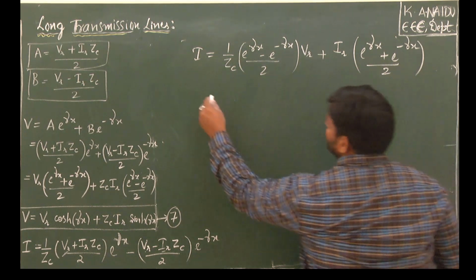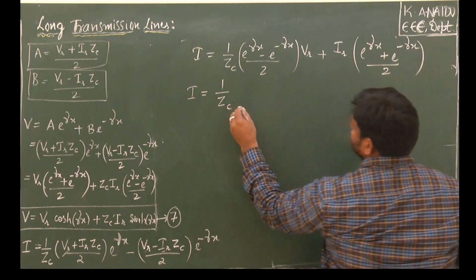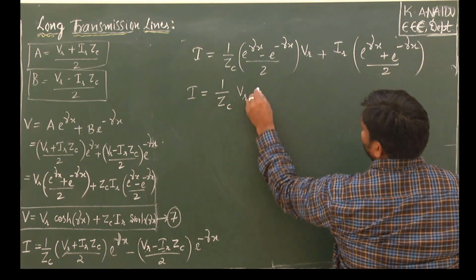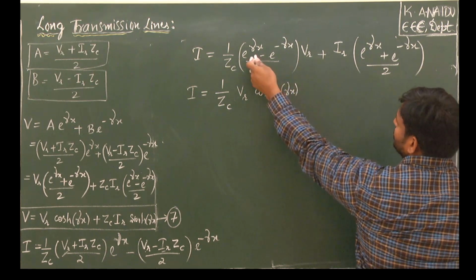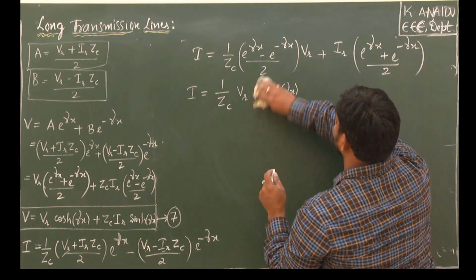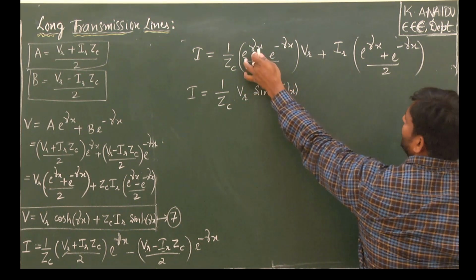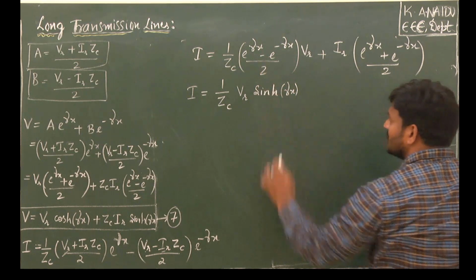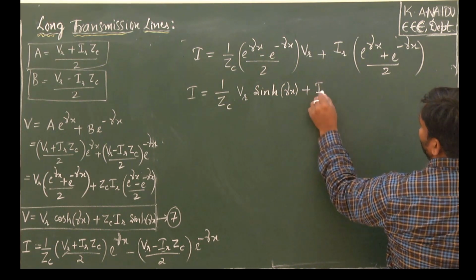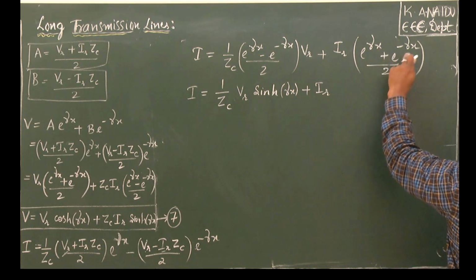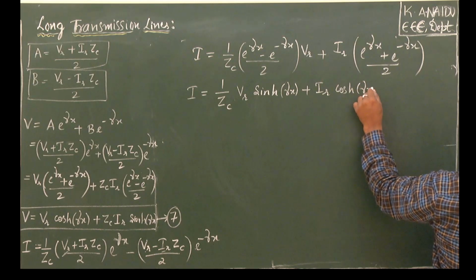So finally you will get equation I is equal to 1 upon ZC VR into sin h of gamma x, because (e power gamma x minus e power minus gamma x) by 2 is sin hyperbolic of gamma x, plus IR into cos h of gamma x, because (e power gamma x plus e power minus gamma x) by 2 is cos h of gamma x.